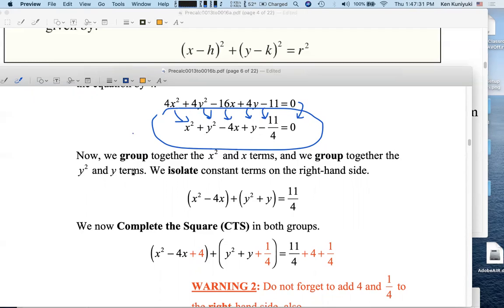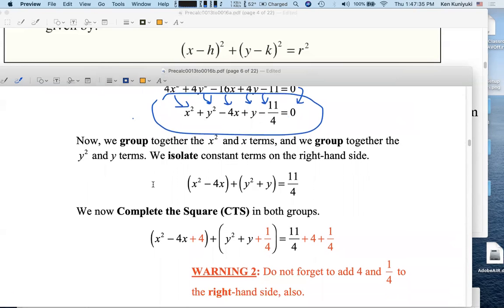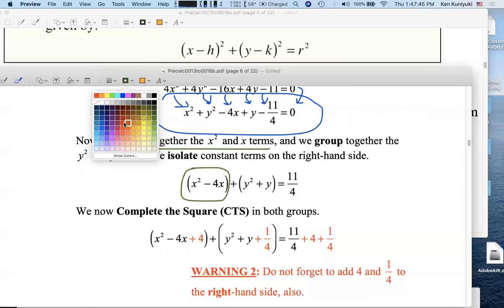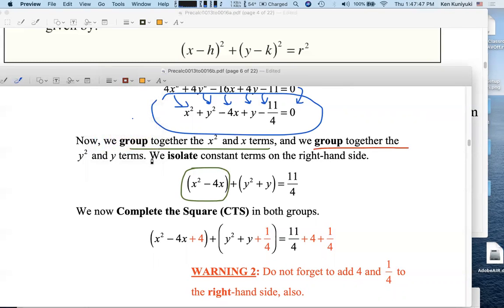At this point, we're going to group together the x stuff and group together the y stuff. We're going to group together the x squared and x terms over here, and we're going to group together the y squared and y terms over here. We'll indicate the groups with parentheses.